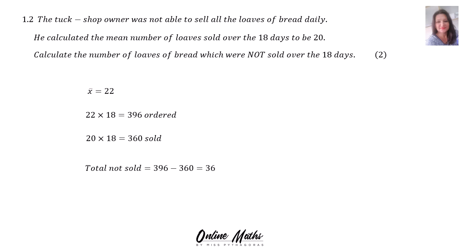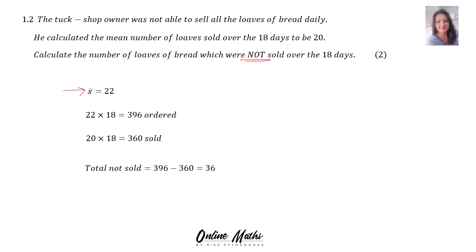1.2. The tuck shop owner was not able to sell all of the loaves of bread daily. He calculated the mean number of loaves sold over the 18 days to be 20. Calculate the number of loaves of bread which were not sold over the 18 days. Now, our mean was 22.